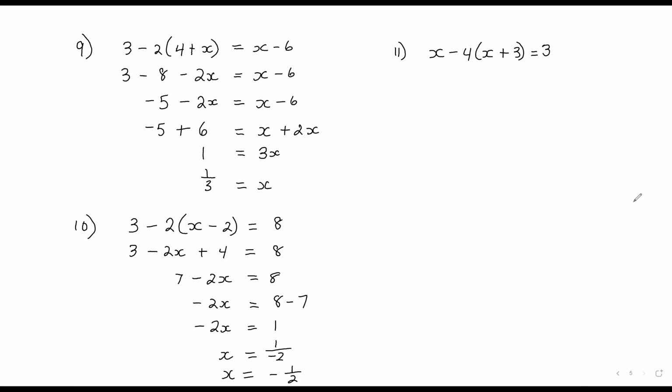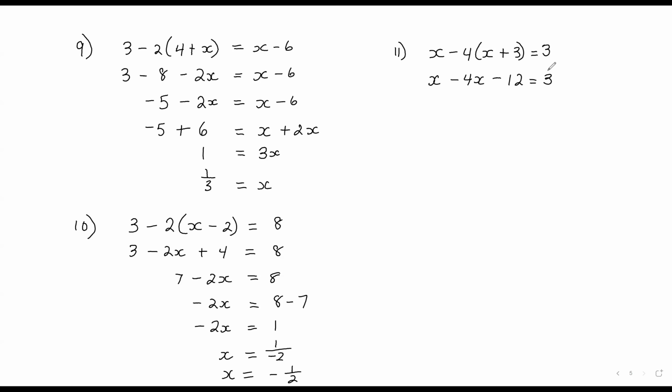Okay, so take the negative 4 and multiply by everything inside of the bracket. So what about this x on the outside here? What would happen there? We're just bringing it down for now. Right. So negative 4 times x is negative 4x. Right. And negative 4 multiplied by positive 3 is negative 12. Good. And then we just put the 3.